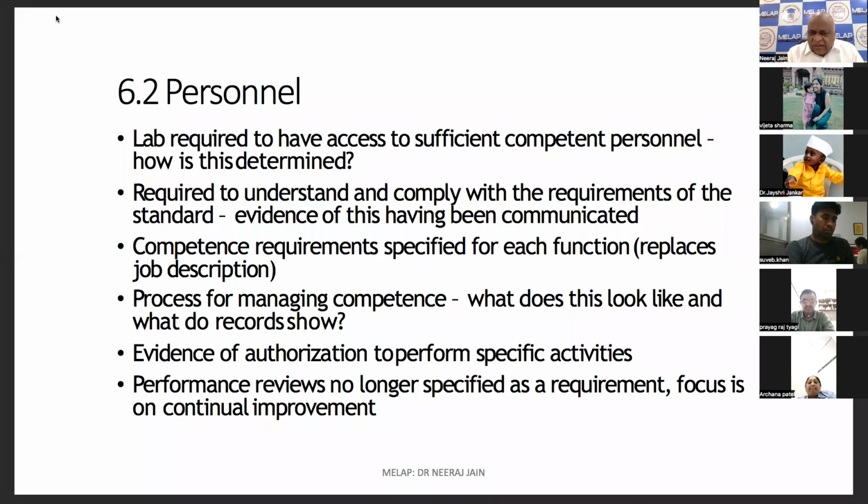Now they are no longer asking for this because there was a lot of confusion about competence assessment and performance review. What is the reference? How shall these be carried out separately? So now they are saying you take care of the competence part, whether a person is able to carry out or give you the required performance or not, and focus on continual improvement. So this performance review will be taken care of.